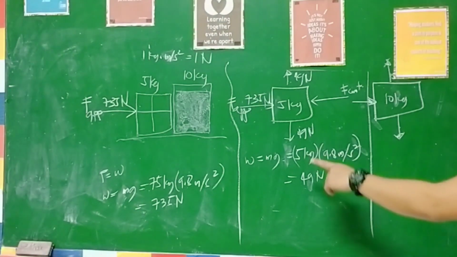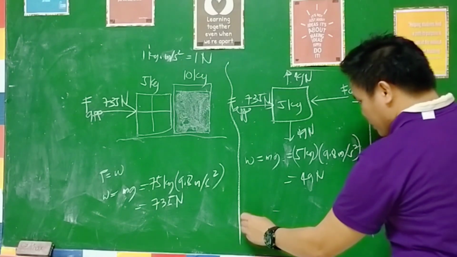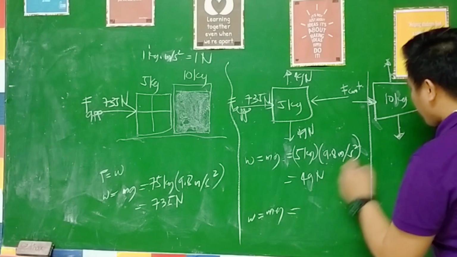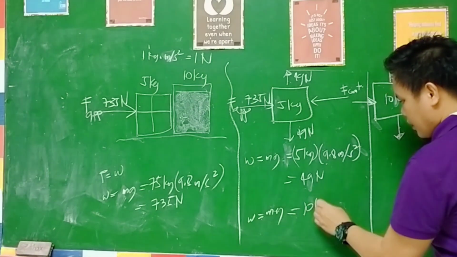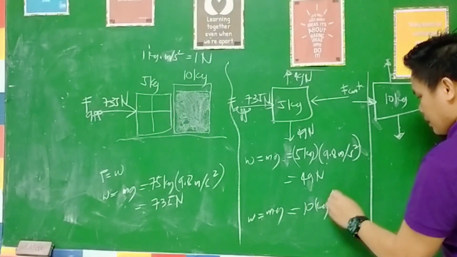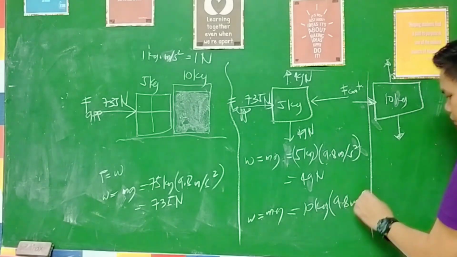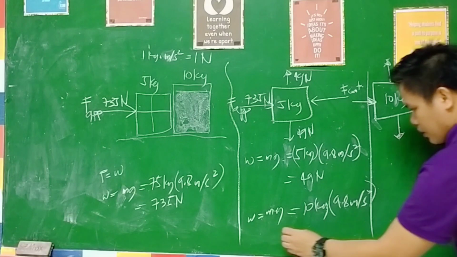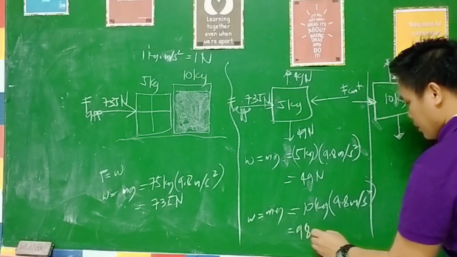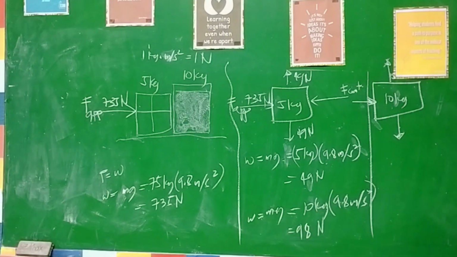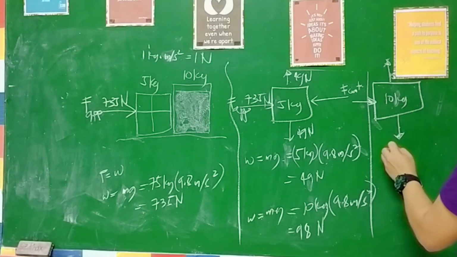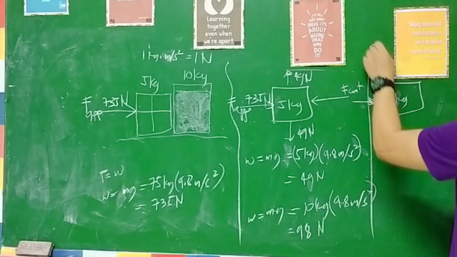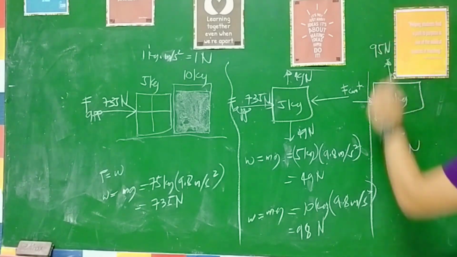So your normal force for box number 2 is equal to weight, which is m times g, which is 10 kilogram times 9.8 meters per second squared, and that is equal to 98 newtons. So your normal force here is 98 newtons, and this is 98 newtons.